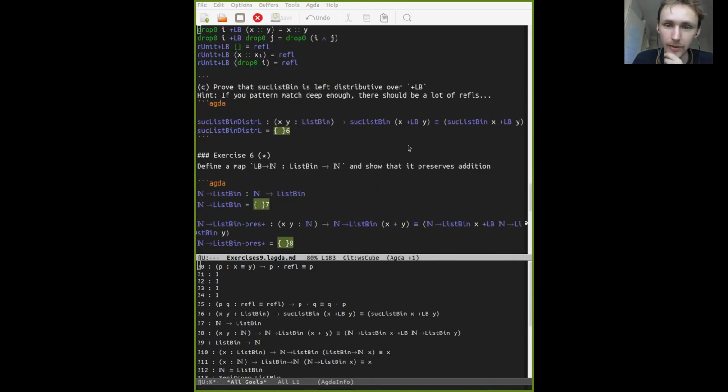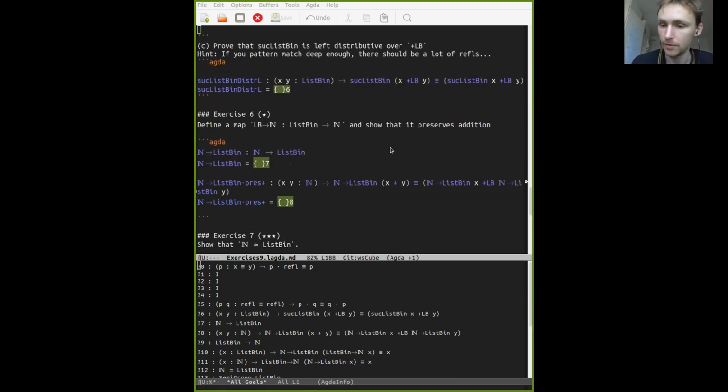Right. How are we doing on time? I guess I don't know how long these usually are. I guess I can do one more. I think I'll skip the structure identity principle because it's incredibly similar to what you've seen in the lecture. I think you should be able to do it. Should we do one more thing with these? I guess we can define the maps back and forth.